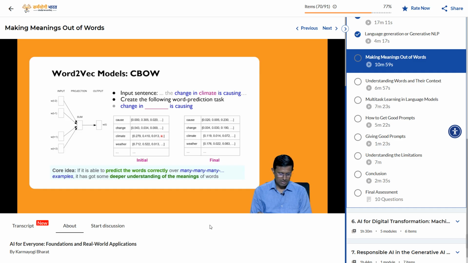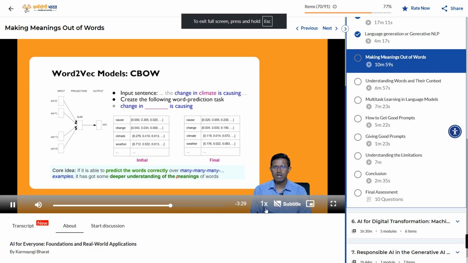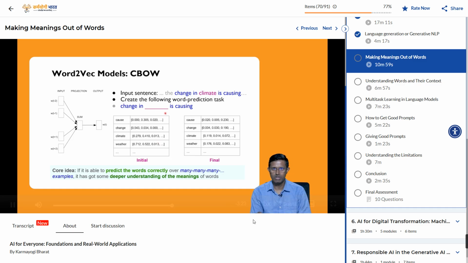Now, the core idea here is that if the model is able to predict the words correctly for a very large number of examples, these examples could be in billions, okay, or if its prediction error is very low over a very large number of such examples, we can say that the model has got some deeper understanding of the meanings of words, because without understanding the meanings in any form, it is very difficult to do a very good job of predicting the missing word.